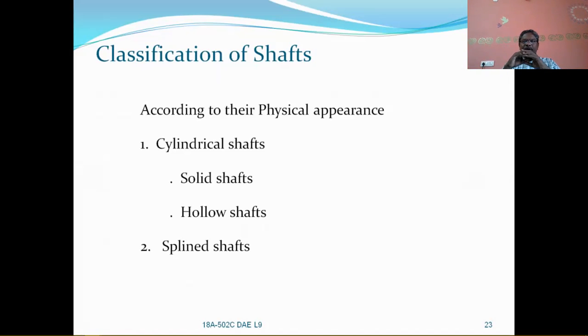According to the function, they are classified into transmission shafts and machine shafts. In case of cylindrical shafts, once again, solid shafts and hollow shafts.